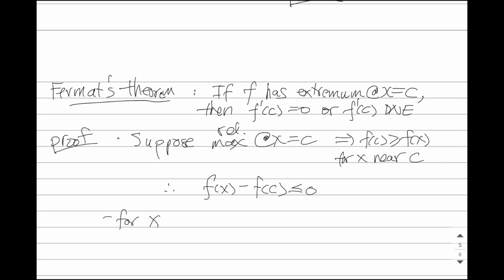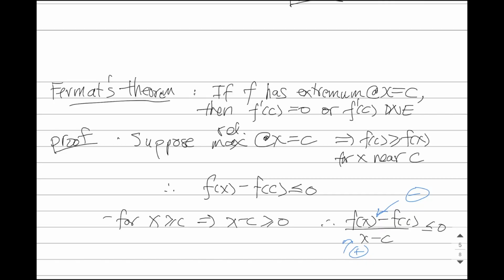If I were to take values of x that were bigger than c, that would mean x minus c would be positive. And then if I were to divide these two, I would have a negative upstairs and a positive downstairs. So if I were on this side of c, this whole fraction would be less than or equal to 0.